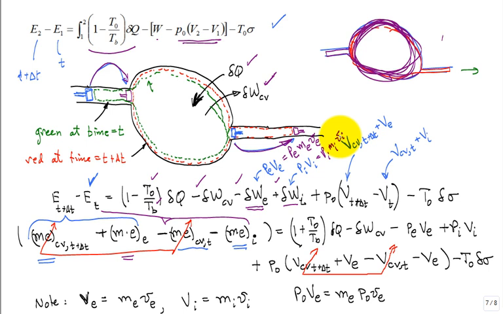All right. Now, this other term, P naught times the change in the volume, this volume is the volume of the control volume at time t plus dt plus the volume that is about ready to exit the system. That's this volume V exit. That volume V exit, we just already expanded it.